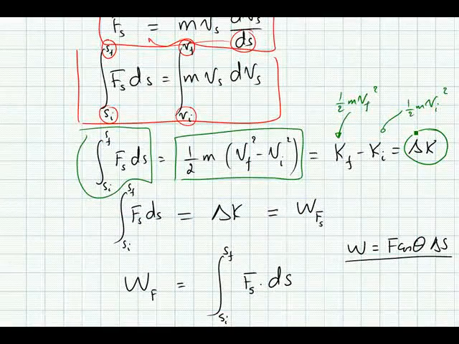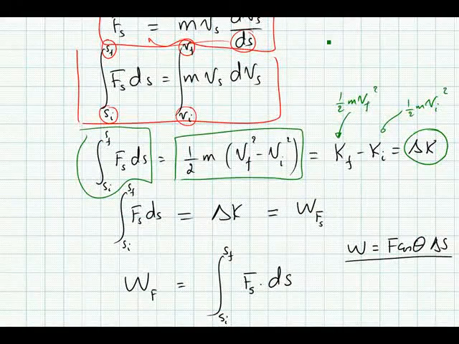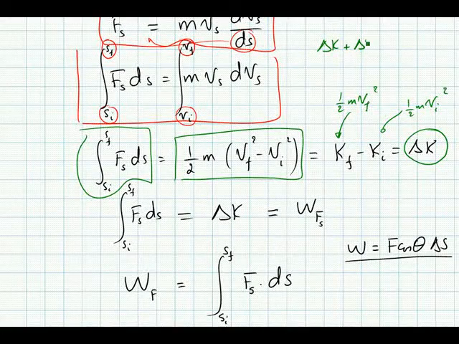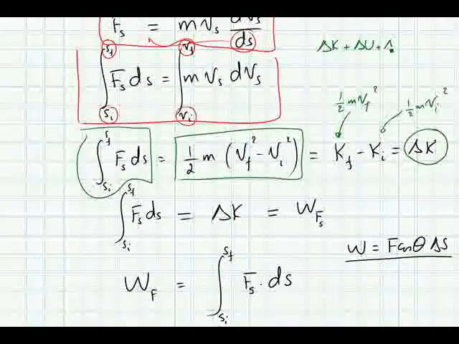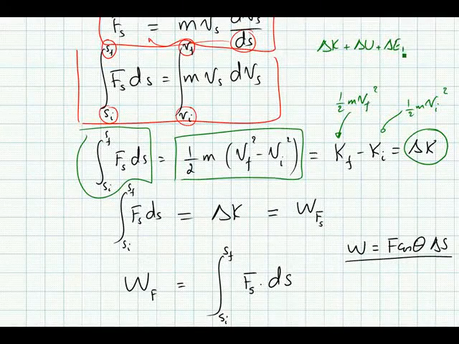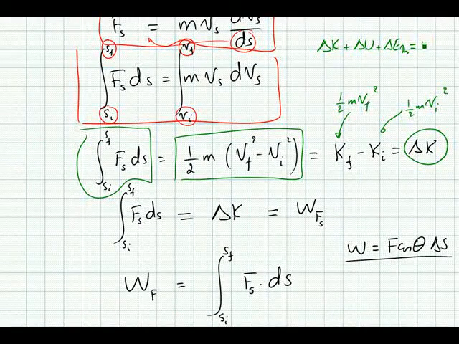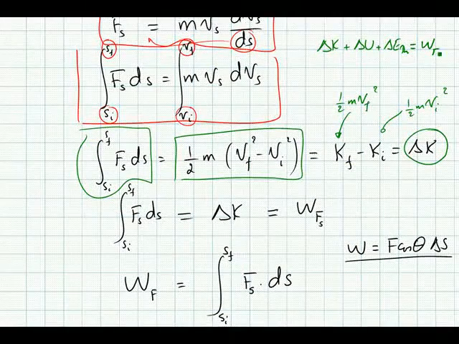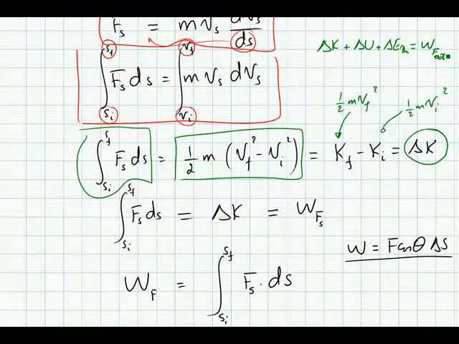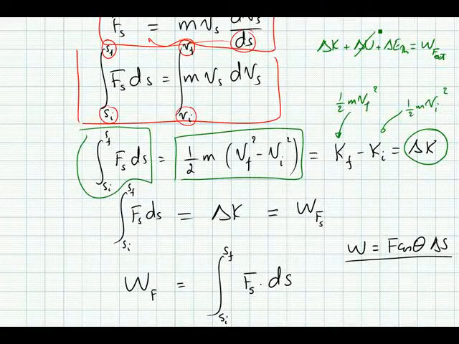Now if you recall, we had said that the change in the kinetic energy plus change in the potential energy plus change in the thermal energy of the system we define as the work done by F external. And in this particular example, we argued that change in potential energies were zero.